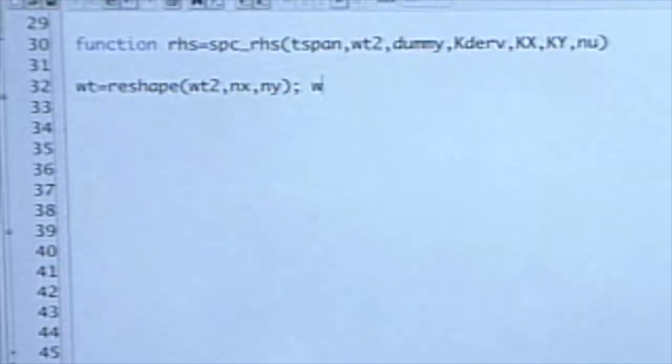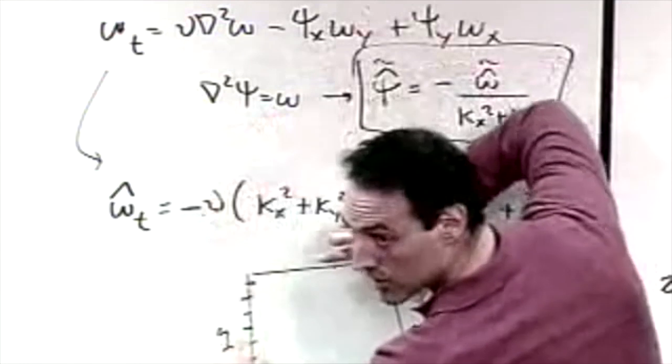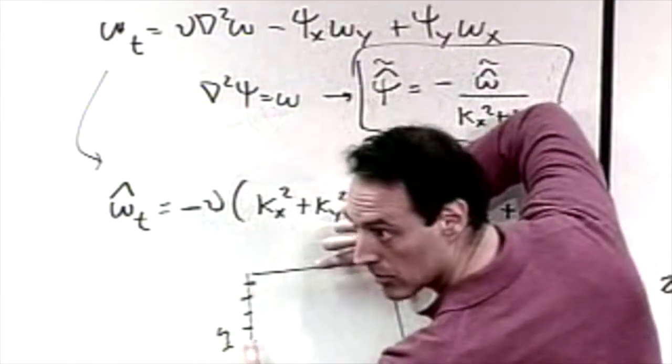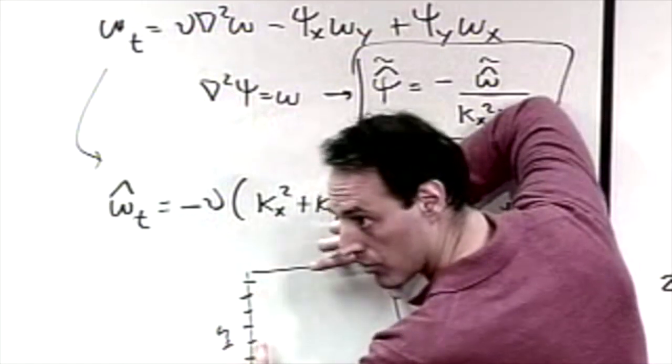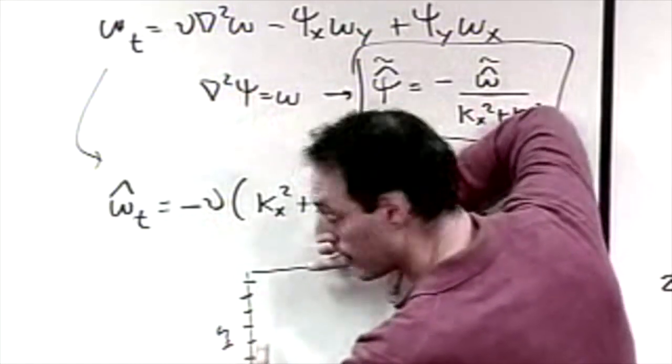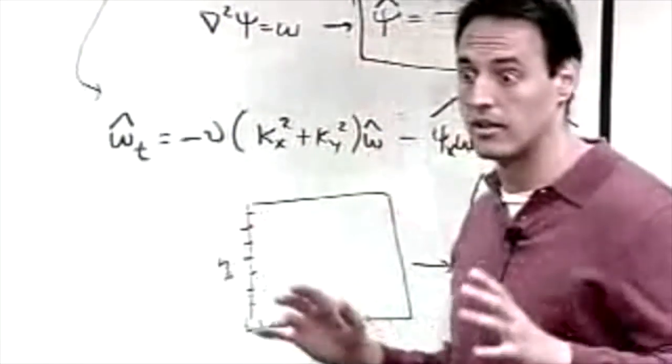And then I also need my vorticity, which is the inverse Fourier transform of WT. So what I've just calculated is now back in the regular domain: I have the vorticity, its transform in this two-dimensional picture, and the vorticity itself. The vorticity and its transform, both now in 2 dimensions. Now I can calculate everything else.